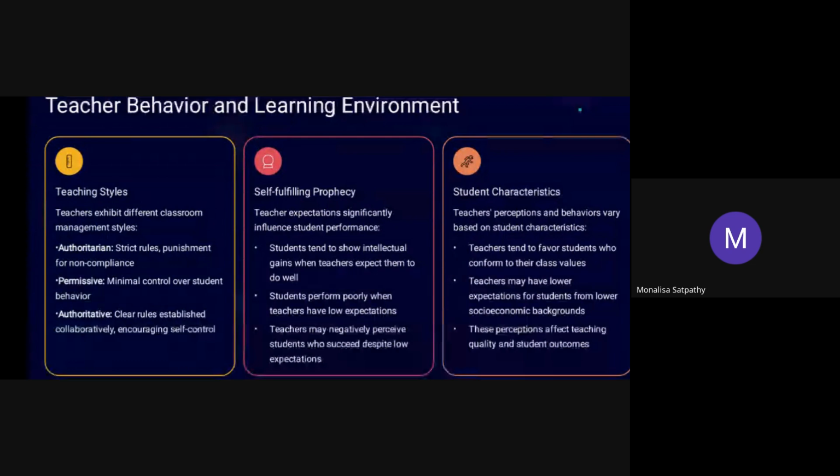If we talk about teaching style, there are varieties of teaching styles we find. First is what we call the authoritative teaching style, in which teachers play a very dominant role.